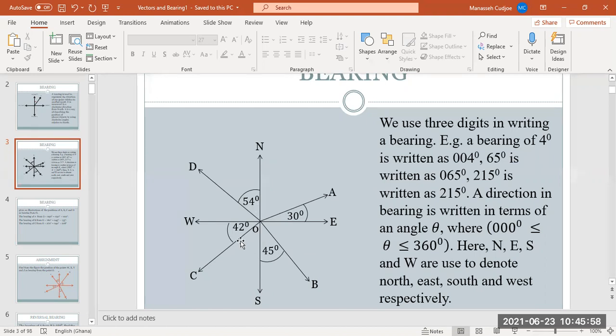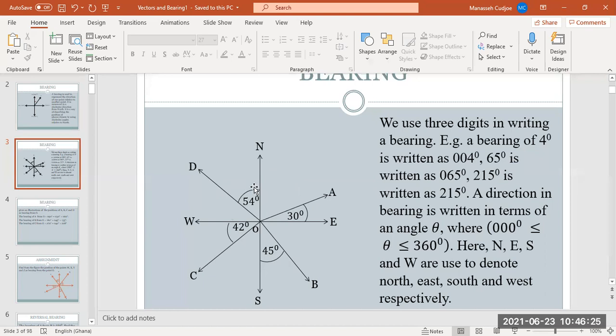Great. You can also explore the bearing of D from O. The same concepts: we have to face north and move in the clockwise direction. So 90, 180, 270, plus this angle over here. If this angle is indicated as 54, then you agree that this angle will be 36 degrees.